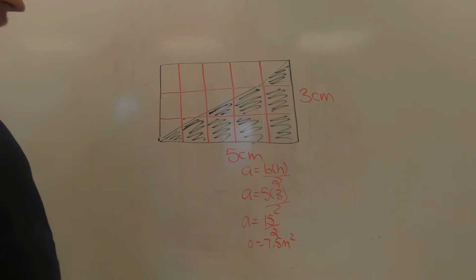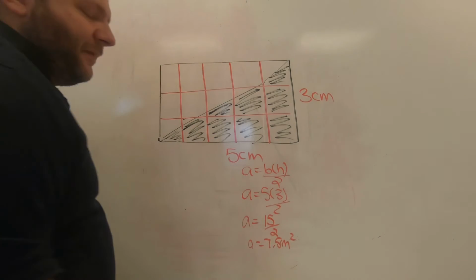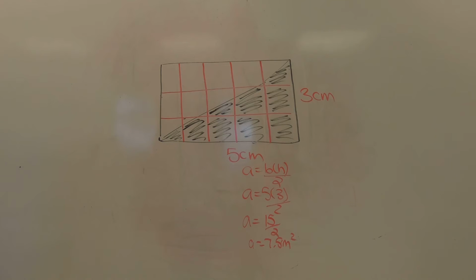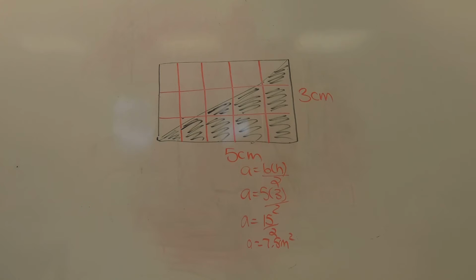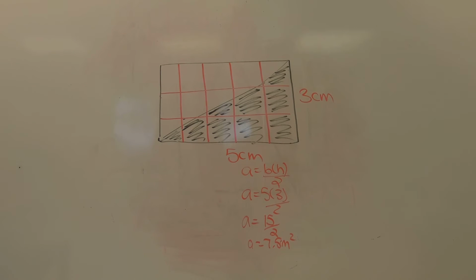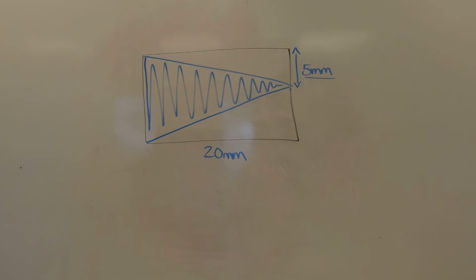Or sorry, centimeters squared. 7.5 centimeters squared. Again, guys, when you're doing these ones, count up the base, count up the height. If it's a right triangle like we're working with here, the height is just the side length. And then we multiply and divide by 2. All right, we're going to try 2 more examples of questions that are going to be a little trickier here.